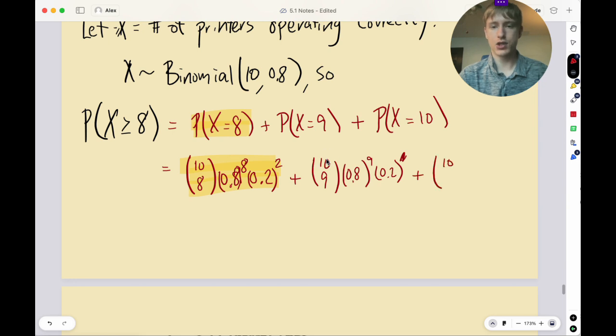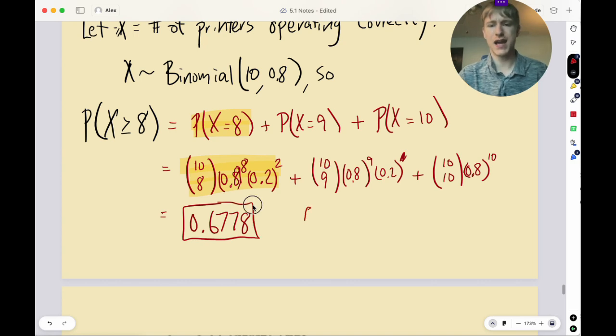Plus 10 choose 10, 0.8 to the 10, and 0.2 to the 10 minus 10, which is 0. So the 0.2 doesn't really need to be written there. When you plug in the numbers, you're going to get that this is equal to 0.6778.